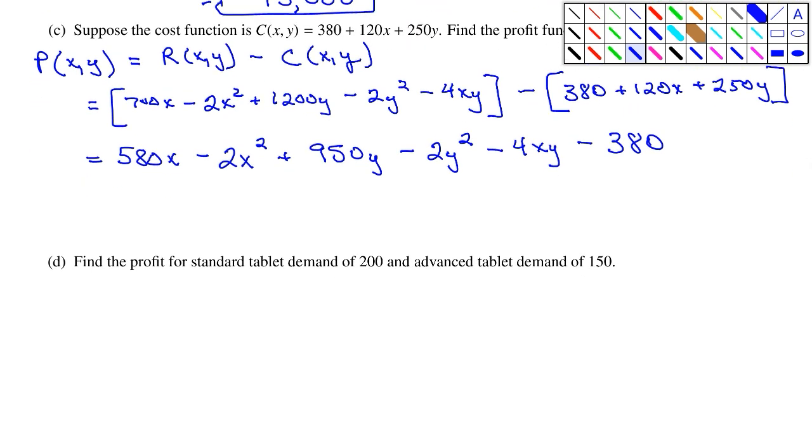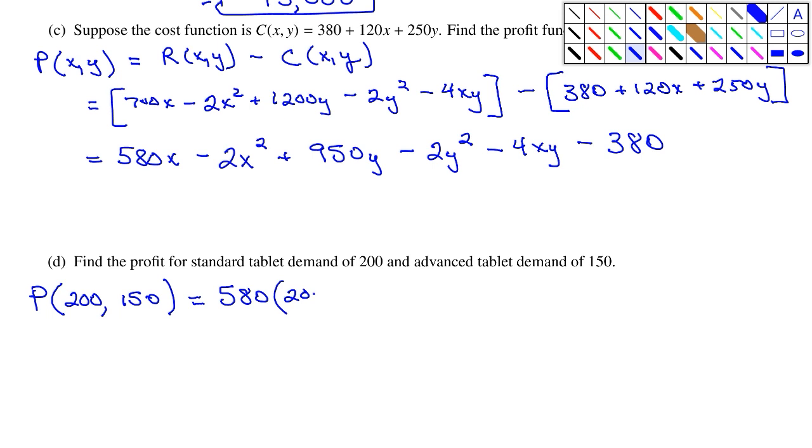D, find the profit for a standard tablet demand of 200 and an advanced tablet demand of 150. So this would be P of 200 comma 150. And so you can plug that into the profit function.